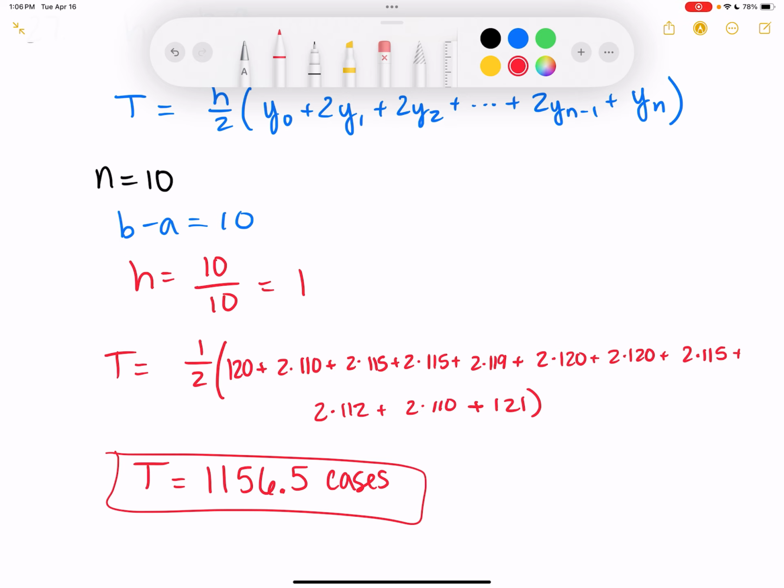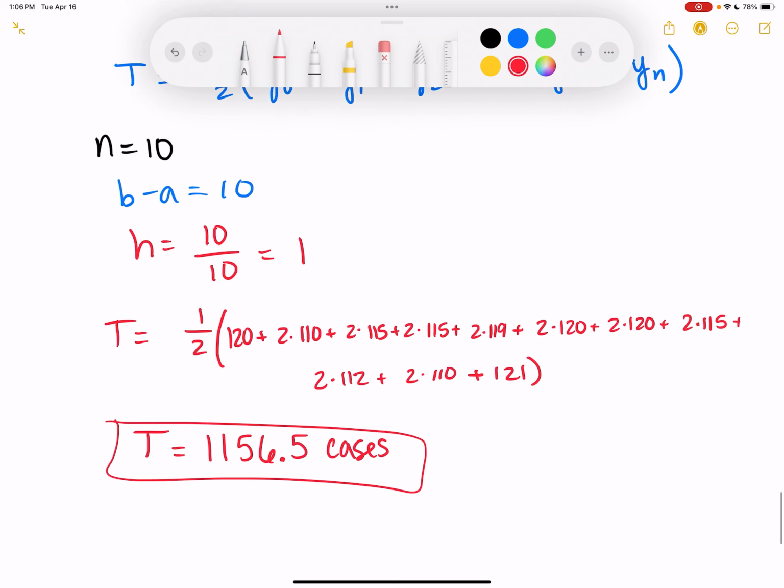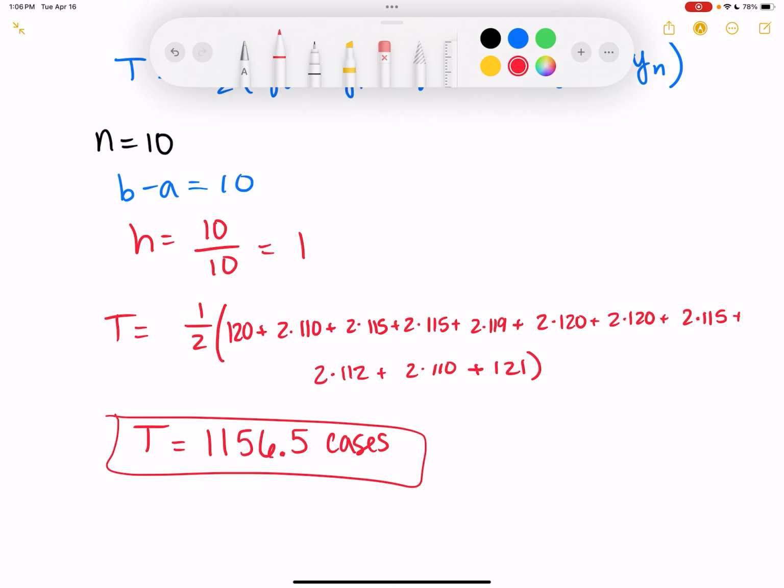So we've got this problem here. It takes a force of 10 newtons to stretch a spring 2 meters beyond its natural length. How much work is done in stretching the spring 4 meters from its natural length?